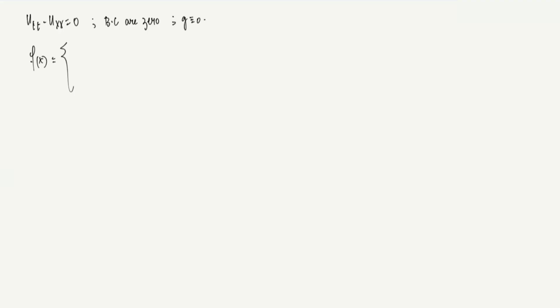Let's say the condition is f of x equals 2k by L times x, if 0 less than x less than L by 2, and 2k by L times (L minus x), if L by 2 less than x less than L. We want to find out what the solution is in this case.